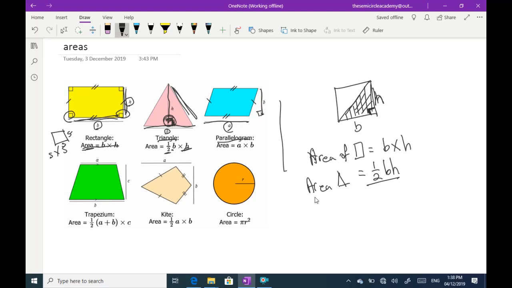It's not necessarily the length of this side here, no, it's the perpendicular height. So this height here, which is perpendicular, B, is the area of the parallelogram.